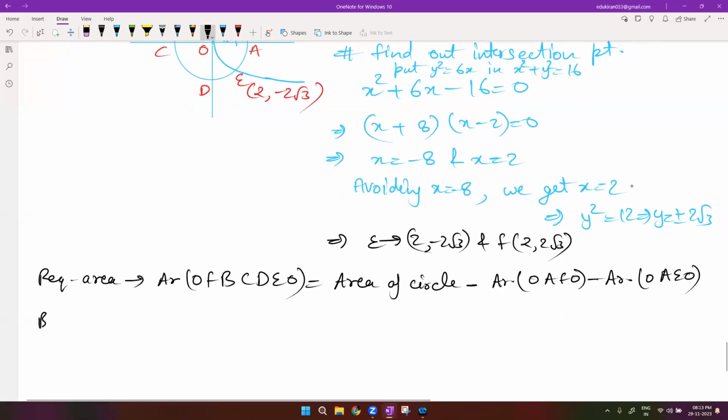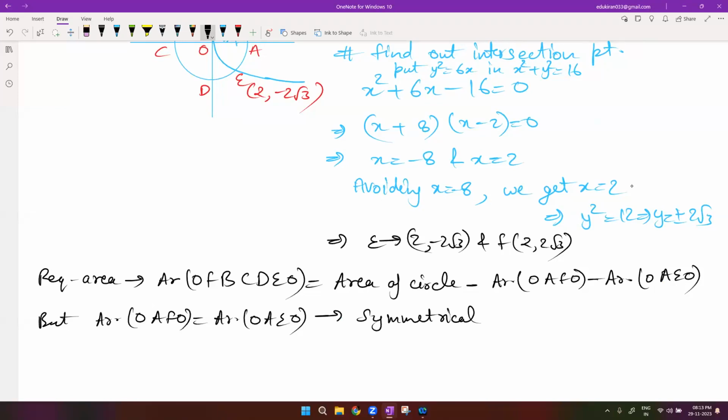But area of OAFO and area of OAEO are equal. Why? Symmetrical figures. Both of them are symmetrical figures. In fact, all the figures that we are talking about, other than a straight line, obviously, are symmetrical.